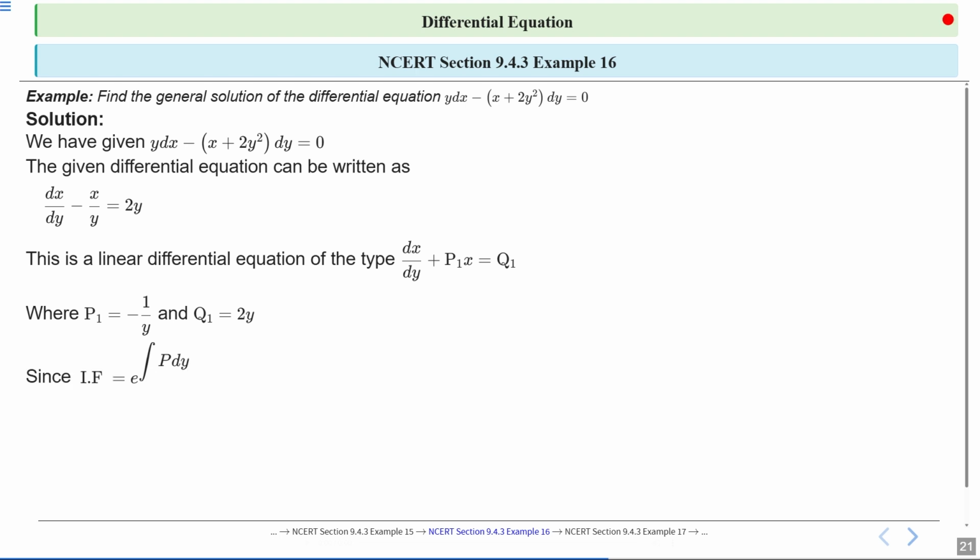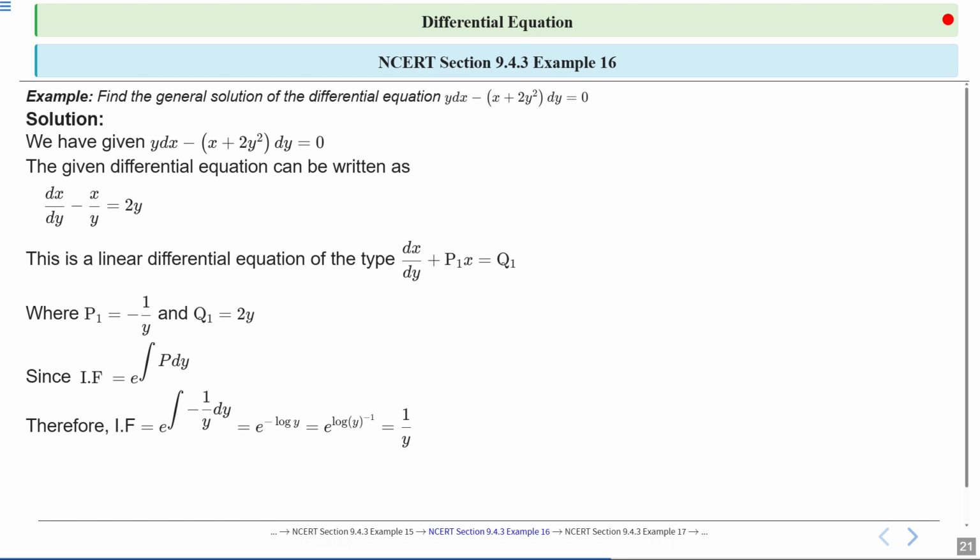So when we have the value of p, we can calculate the integrating factor, and the integrating factor is given by e to the power integral of p dy. As the value of p is minus 1 by y, the integrating factor is e to the power integral of minus 1 by y dy.